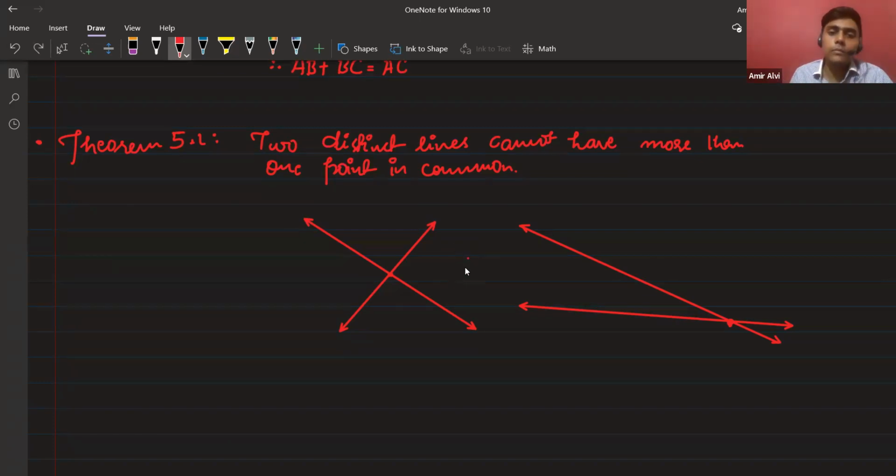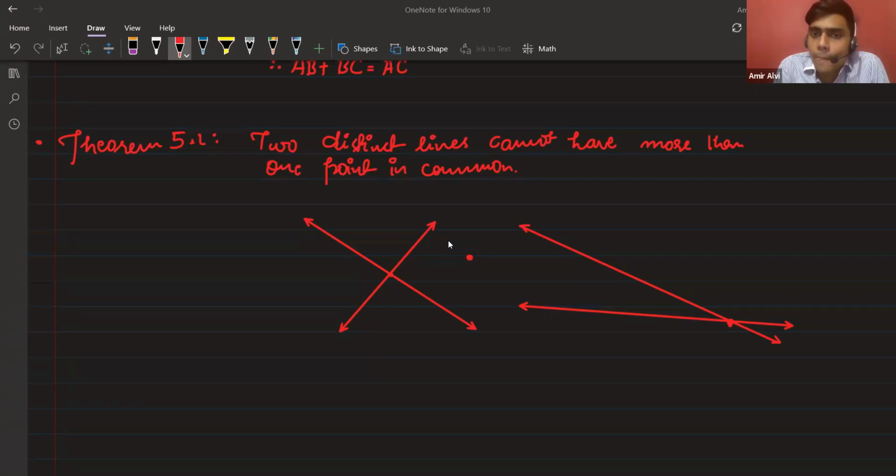Suppose this is another point of intersection. Can a line pass through if there are 2 points? You can have only one line between two distinct points. So this axiom will get violated. Contradiction. Okay, is this clear, Simrat dear?